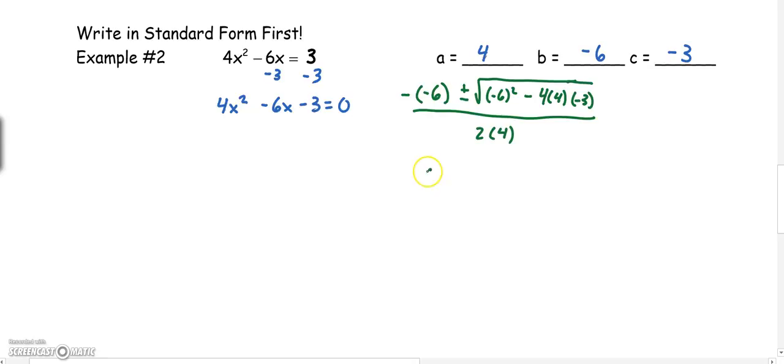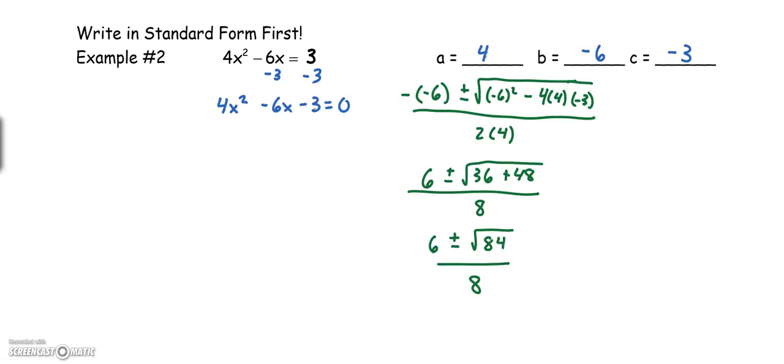So out front I have 2 negatives, so this becomes a positive 6, plus or minus the square root of negative 6 squared, which is 36, and then negative 4 times negative 3 is plus 48, all over 8. So I'm going to simplify once more: 6 plus or minus the square root of 84 over 8.